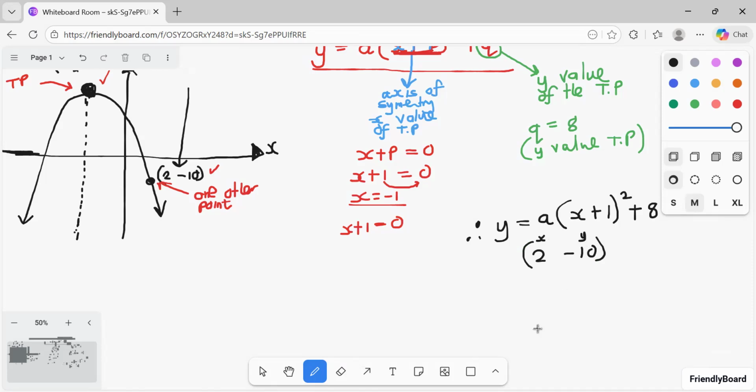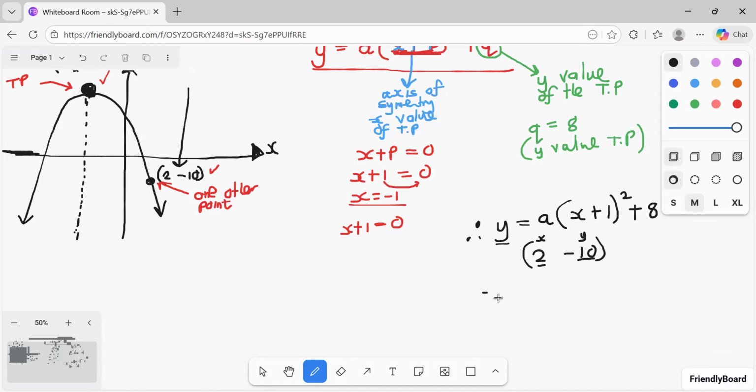These are the coordinates on the graph of the parabola. So where there is x, I'm going to put 2, and where there is y, I'm going to put negative 10.